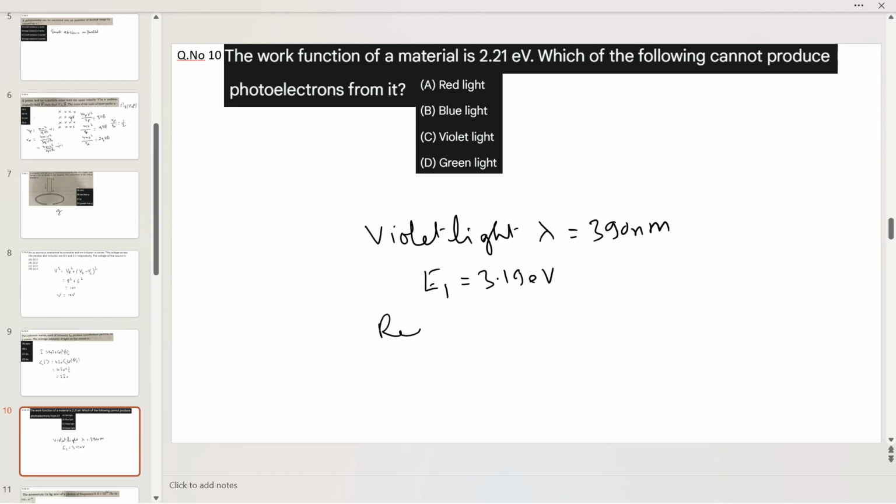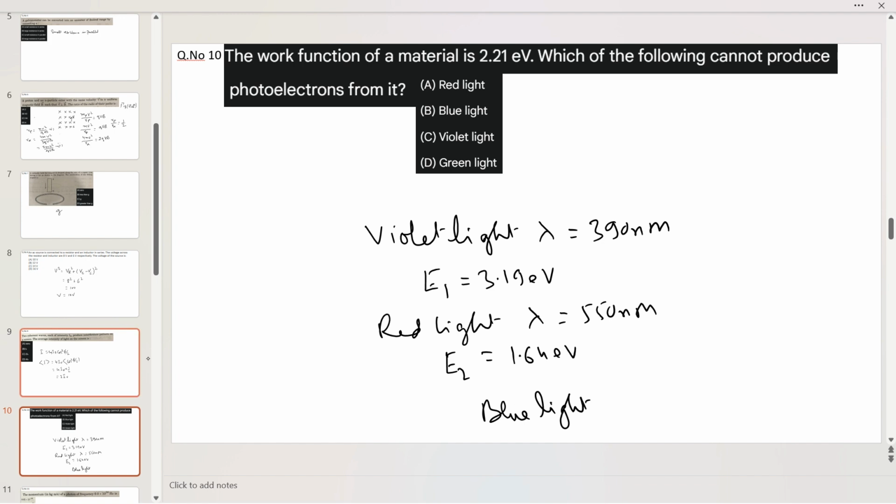Whereas for red light, its wavelength is 550 nanometer, and the energy of the photon is 1.64 electron volt. So this is less than 2.21, as given in the question, which cannot produce photoelectrons. So your answer will be blue light.